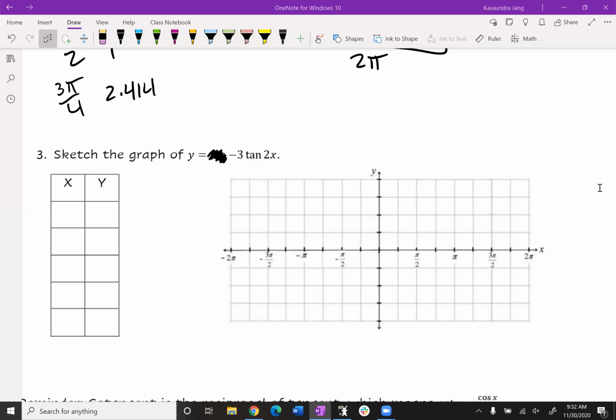All right, so Erica's gonna give me the asymptotes, and then Francisco, I'll have you give me some points between the asymptotes.